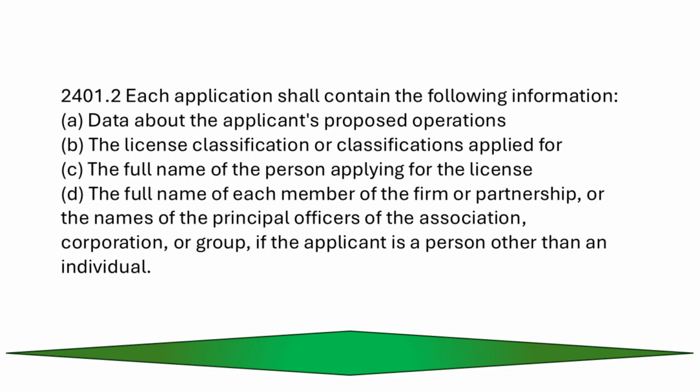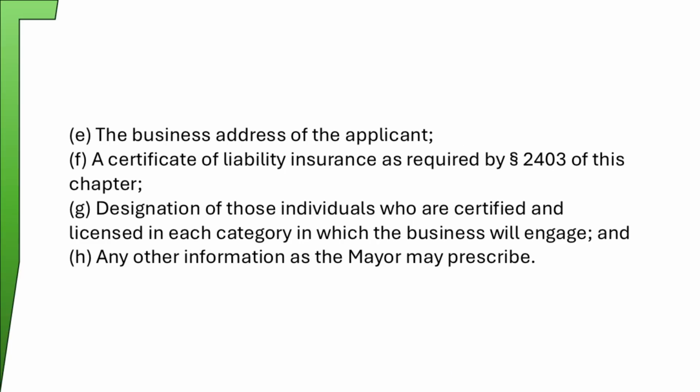D. The full name of each member of the firm or partnership, or the names of the principal officers of the association, corporation, or group, if the applicant is a person other than an individual. E. The business address of the applicant. F. A certificate of liability insurance as required by 2403 of this chapter. G. Designation of those individuals who are certified and licensed in each category in which the business will engage. And H. Any other information as the mayor may prescribe.